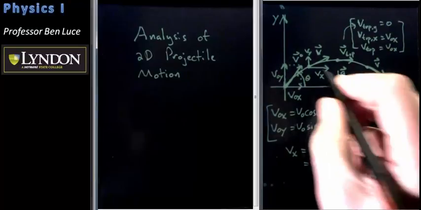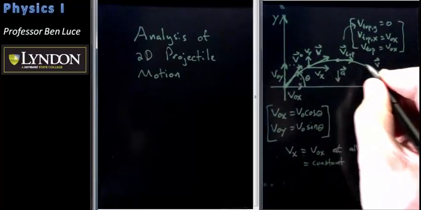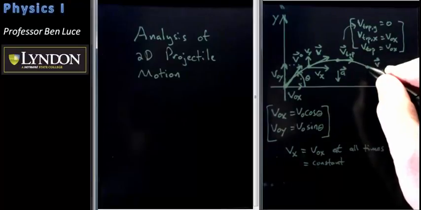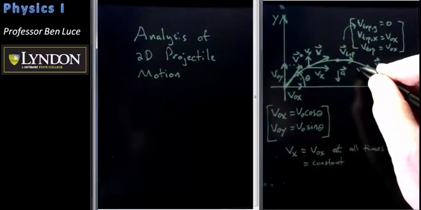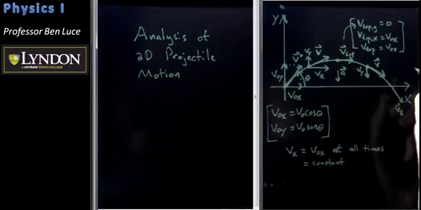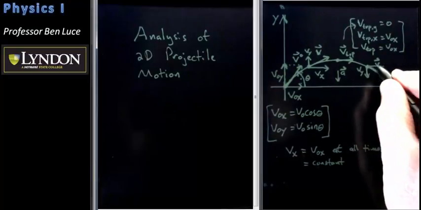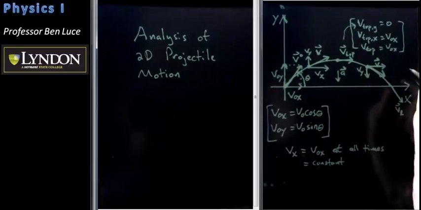All right, now as the projectile comes down, then the direction of the vy component will change. When the projectile is at this point, for example, vy will be pointed downwards, but vx will still be pointing horizontally to the right.